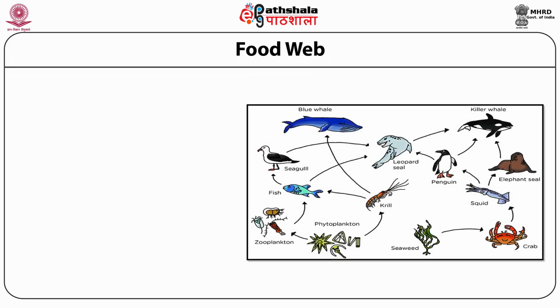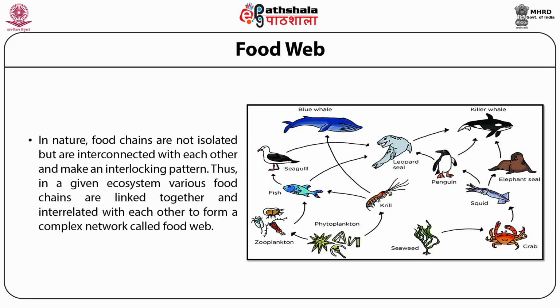Food web. In nature, food chains are not isolated sequences but are interconnected with each other and make an interlocking pattern. The same organism may operate in the ecosystem at more than one trophic level.